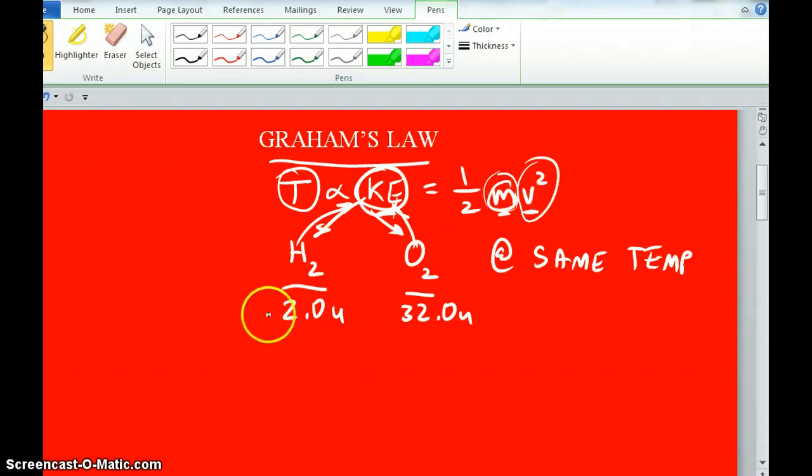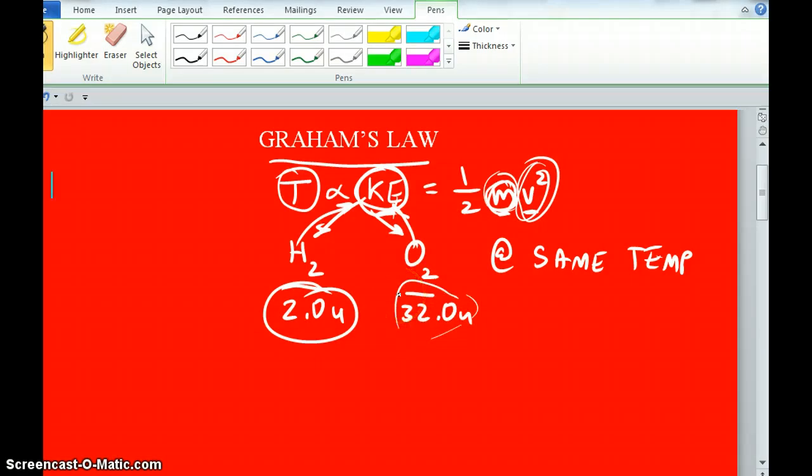So what Graham's law is really saying is that at the same temperature, different gases have different speeds, and it's an inverse relationship, namely the smaller one, the lesser mass, has to be moving faster, have a greater speed, than the bigger one.